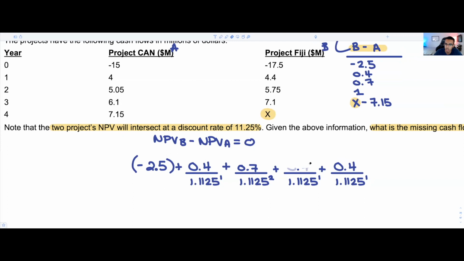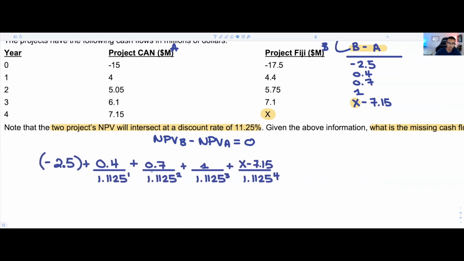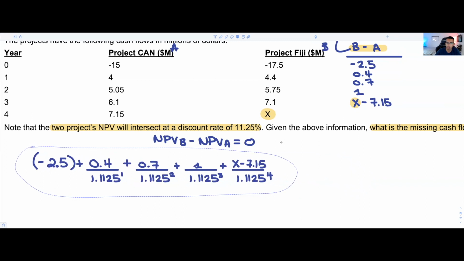Here we're going to have 1. It's going to be the power of 3. Here we're going to have x minus 7. Power of 4. And we know that if we add all these bad boys together, okay? If we add all these together, we're supposed to get a point that's going to be equal to 0, okay?